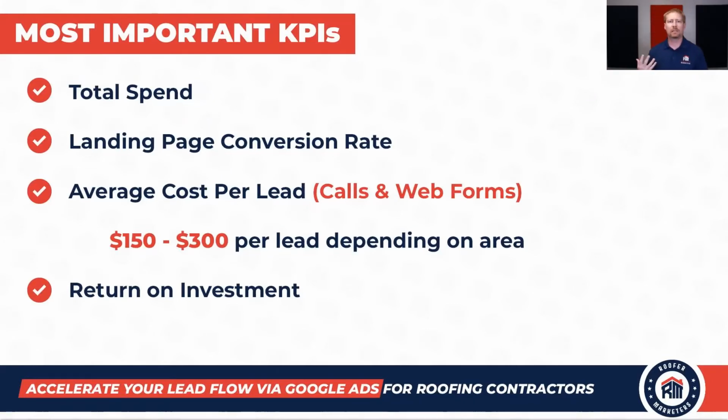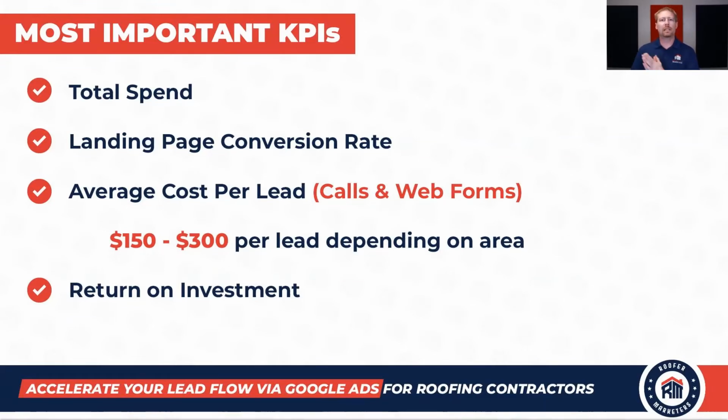So the most important KPIs, right, is your total spend, your landing page conversion rate, your average cost per lead, which we find is between $150 and $300, depending on the service area you're in. Could be higher in some markets, you could get it down into the 100 range sometimes, but that's for a real person on the phone, is what we're talking about there also.